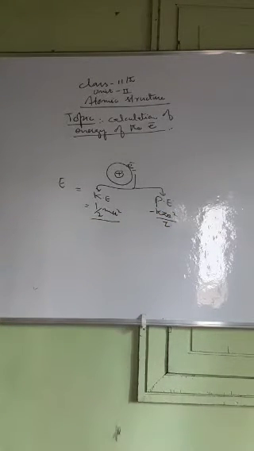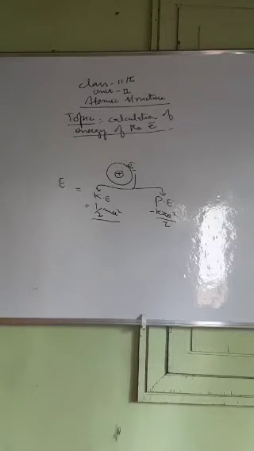So the total energy of the electron is the sum of the kinetic energy plus potential energy. Kinetic energy is because of its velocity, as it is continuously revolving around the nucleus, and potential energy is because of its attraction towards the nucleus, given as minus k z e square divided by r.